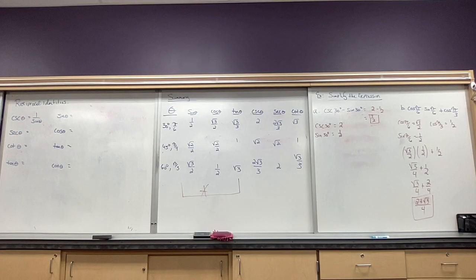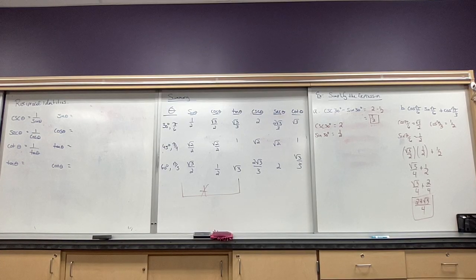So instead of memorizing that that's hypotenuse over opposite, you can just memorize the fact that it's 1 over this. Secant is going to be 1 over cosine of theta. They're reciprocals of each other, and again, we can use the table to see that fact. Cotangent is the same thing as 1 over tangent.